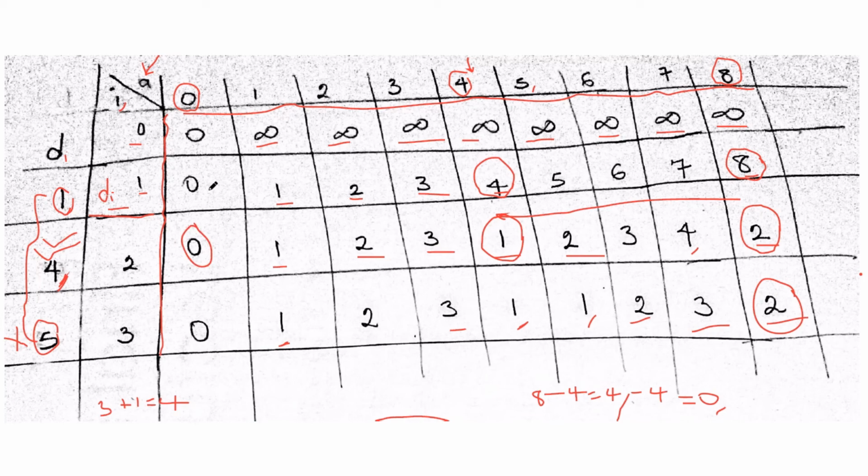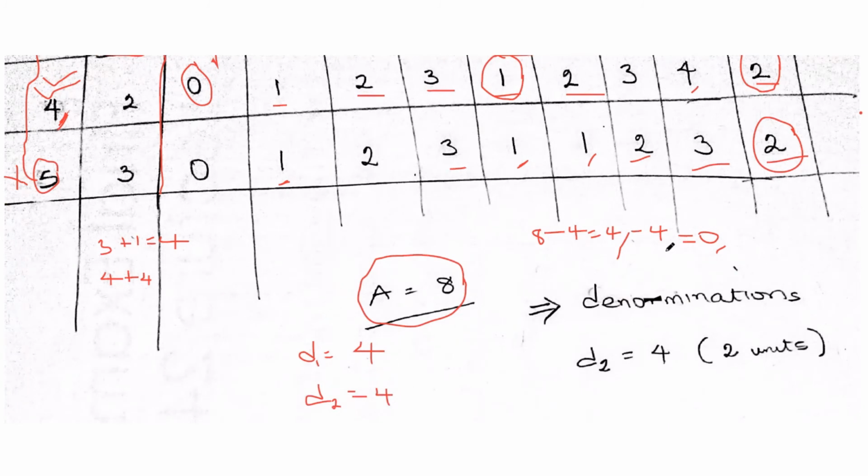And of course, 0 is the same as 0, which means this one does not contribute. Again, 0 is the same as 0, which means this does not contribute. So definitely there's nothing to add again. That's how we got the 2 units, and those 2 units came from denomination 4.